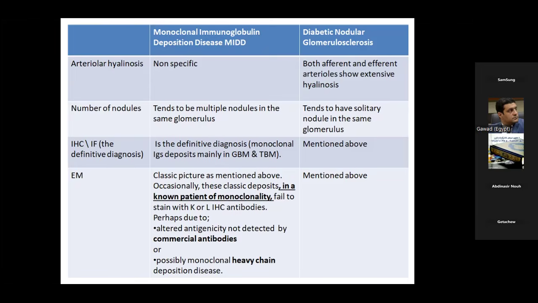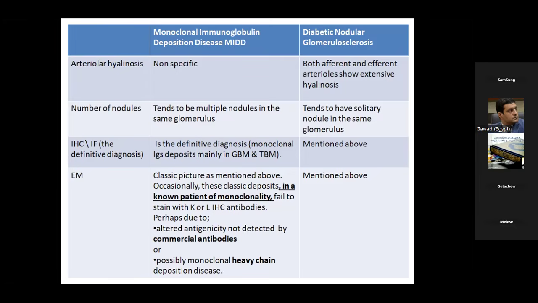So if it is negative, but under electron microscope we see the powdery appearance, and this patient was investigated and proved to have an underlying MIDD, it could be a heavy chain. It's a monoclonal heavy chain, or it could be a monoclonal antibody that is truncated or has many alterations or other mutations that were not detected by the commercial antibody.